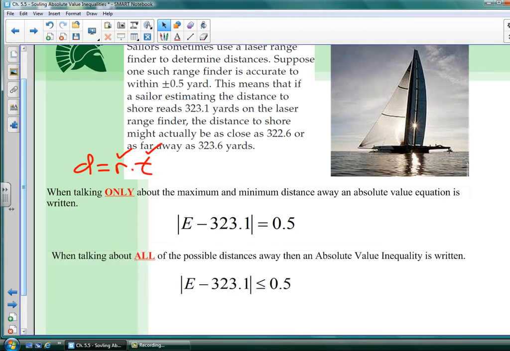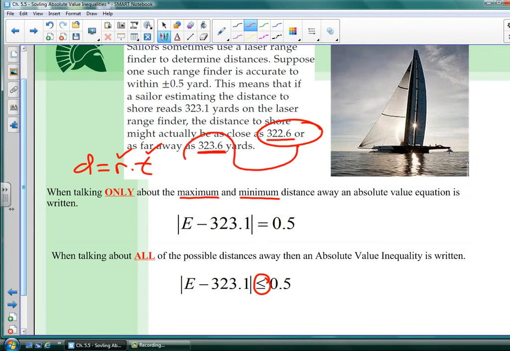Whereas the one with the equal sign only gives me a maximum number or a minimum number, this inequality symbol allows me to talk about all the numbers in between the minimum and the maximum, including both. And that's why it's less than or equal to. The difference between what number you read and the actual number has to be less than or equal to 0.5.